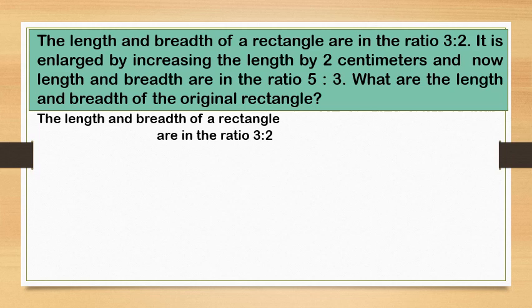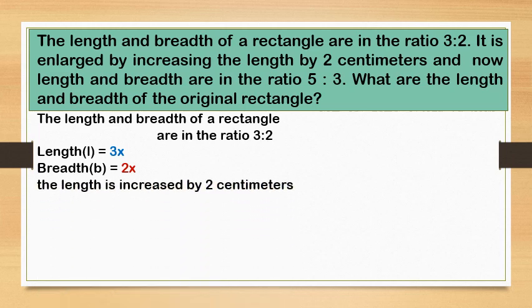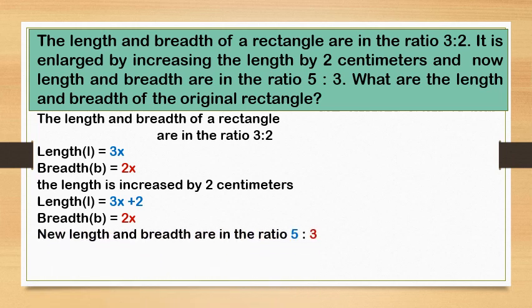So let us take length equal to 3x and breadth equal to 2x. And we know the length is increased by 2 centimeter. So the new length equals 3x plus 2, and there is no change in breadth. Breadth is the same, 2x. And the ratio of new length and breadth is also given, that is 5:3.